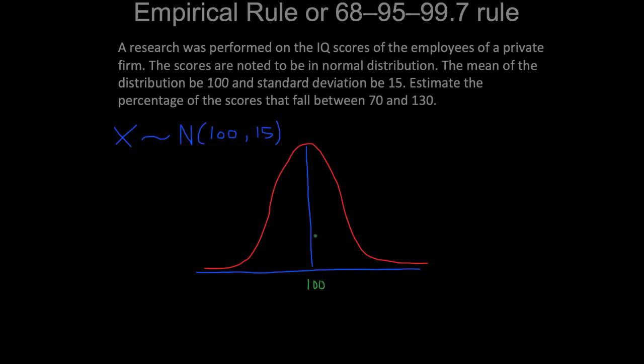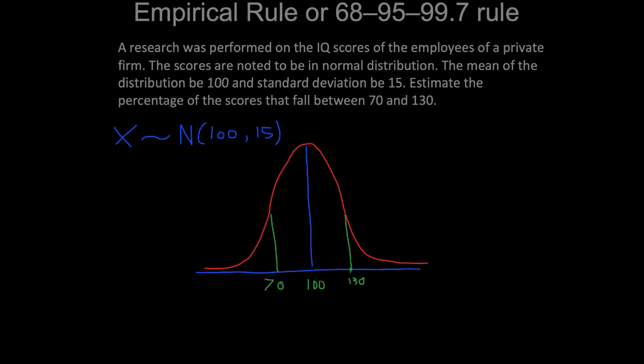Now, read the problem again. Estimate the percentage of the scores that fall between 70 and 130. 130 is greater than 100, so it should be over here somewhere. 70 is less than 100, so it should be somewhere over here.